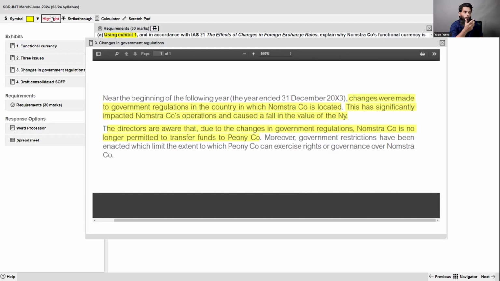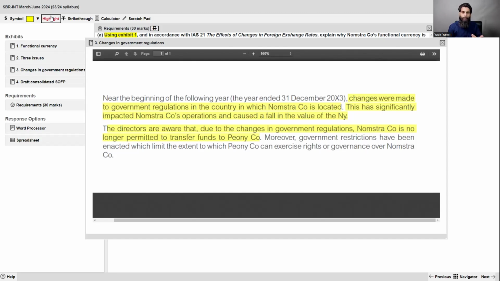So if you focus on this definition, it requires that you can only have control over another entity when you have the right to variable returns and the ability to affect those returns.